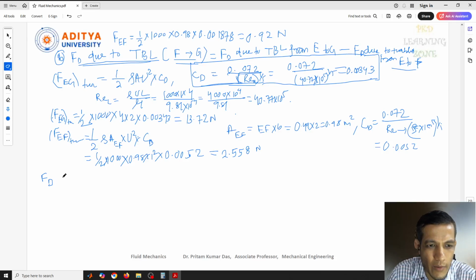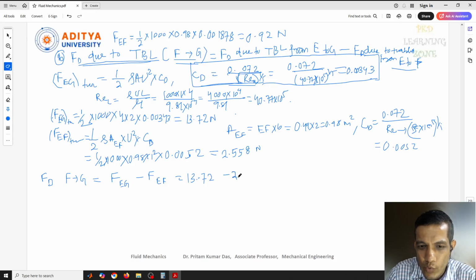Okay, now we need to write out the FD, the drag force due to turbulent boundary layer from F to G point. That is nothing but this one, these two equations what we got here. So that is nothing but we can write F from E to G minus F from E to F, okay, for turbulent. So very simple. I can write this is like 13.72 Newton minus 2.558 Newton.